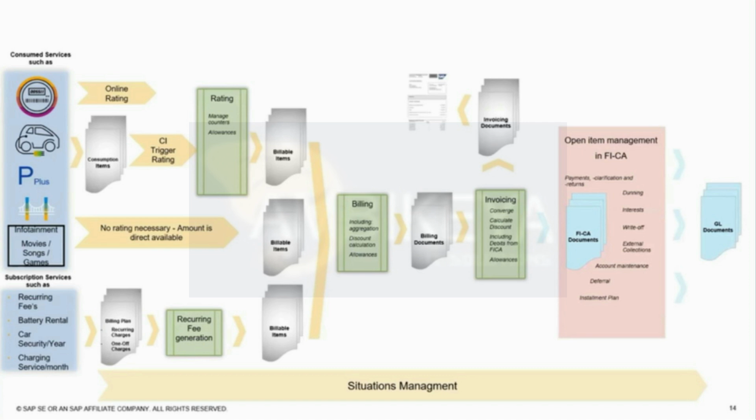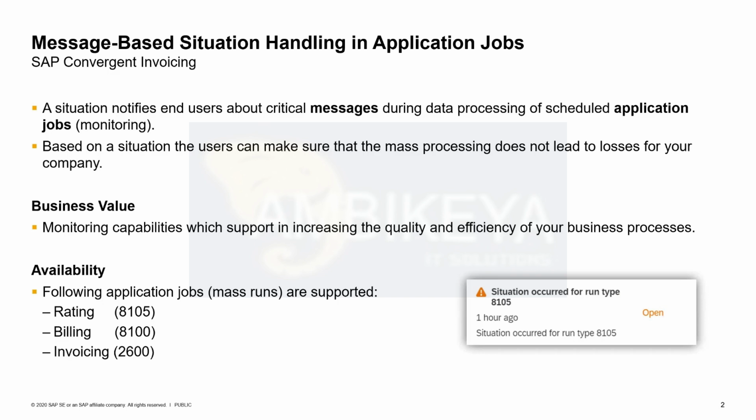The functionality is mainly about creating notifications during the data processing of scheduled application jobs. So, for example, in the convergent invoicing case, you have the option to inform your end users about critical messages which occurred during invoicing, billing, and rating.